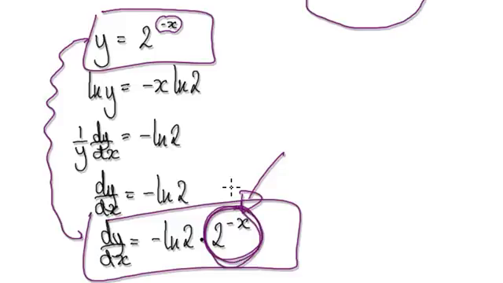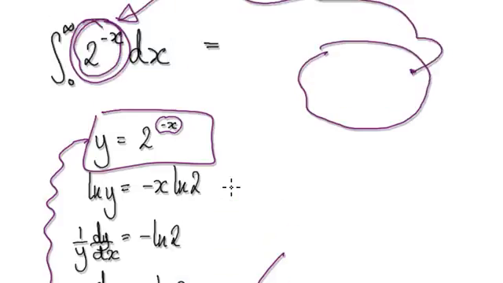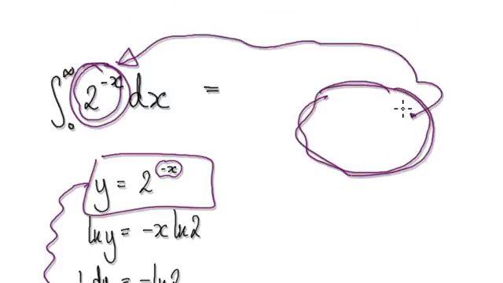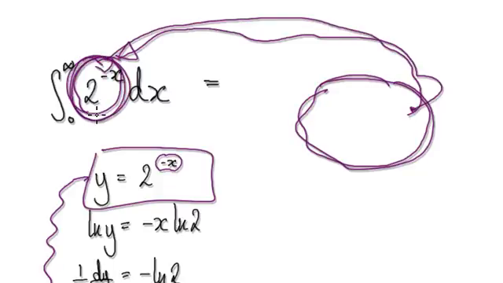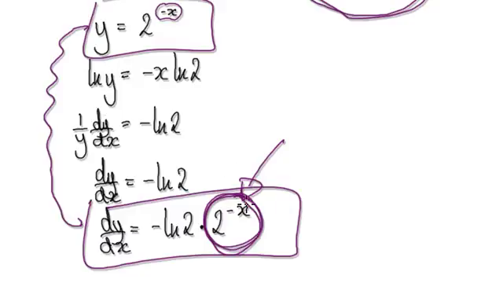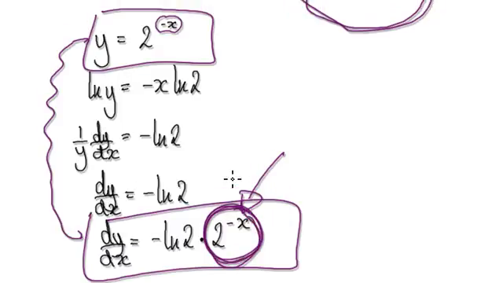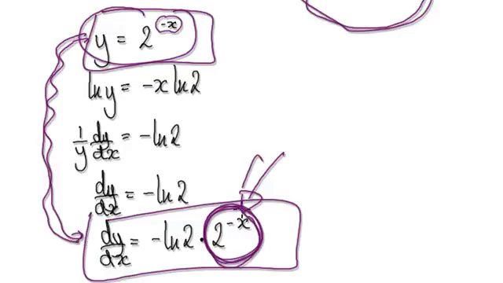So hang on, let's go back one step. We are looking for something in such a way that when we differentiate it, it will give us this. But then if you look at this, 2 to the power minus x, if you differentiate this, it will give you something near what you're trying to seek. You're trying to seek this.